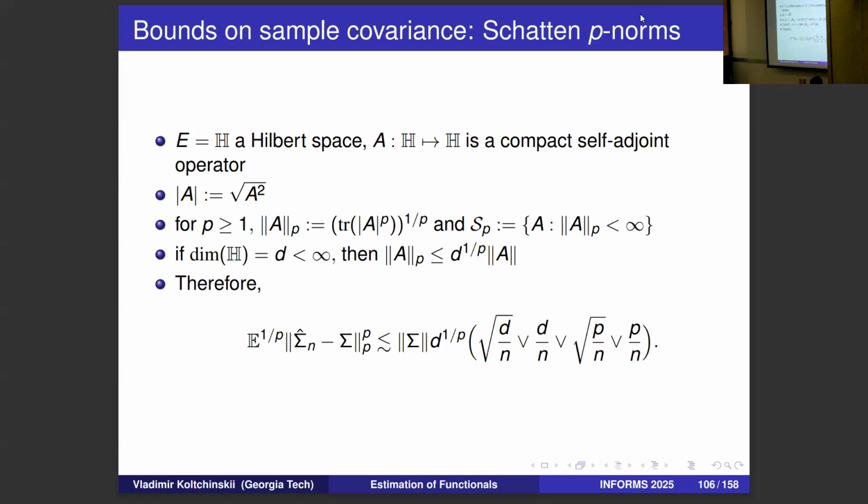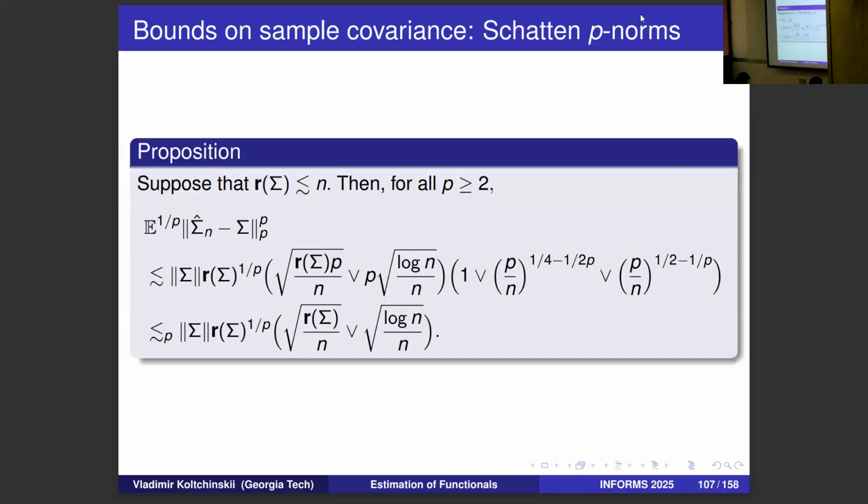For Schatten norms, it turns out that something along this direction is possible. Also, I doubt that this bound that I stated here is the final result in this direction. Probably it can be written in a cleaner way, but this was enough for my purposes, and I used it in some papers related to functional estimation.